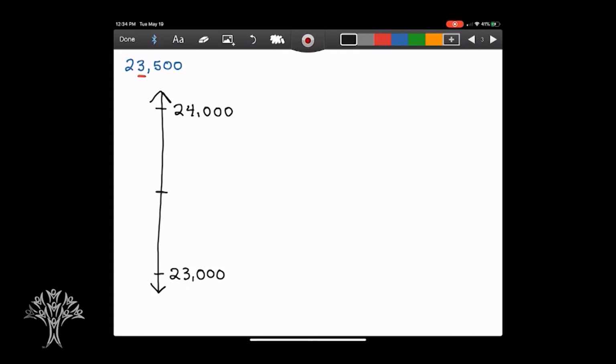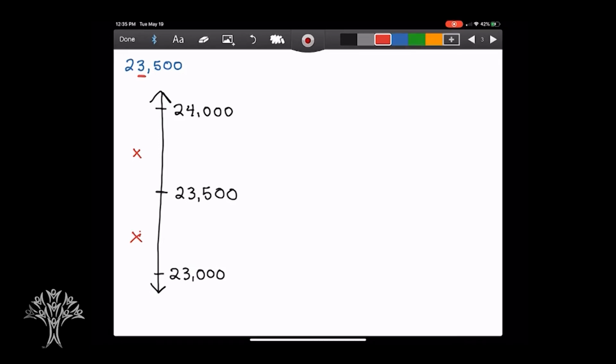Next, we've got to find that midpoint. If I add 500 to this, because that's half of 1,000, what would I get? If you got 23,500, you are correct. Now our next step is we need to plot that number. Is 23,500 greater than or less than our midpoint?